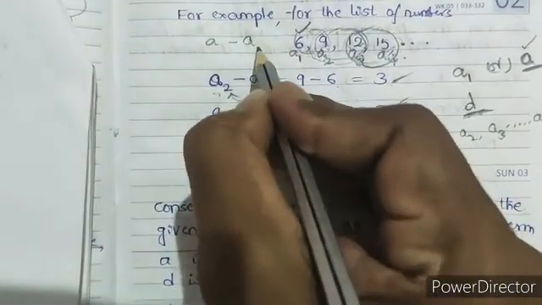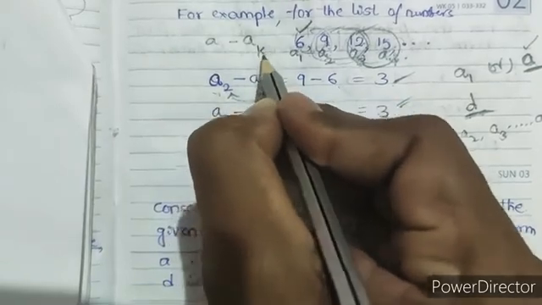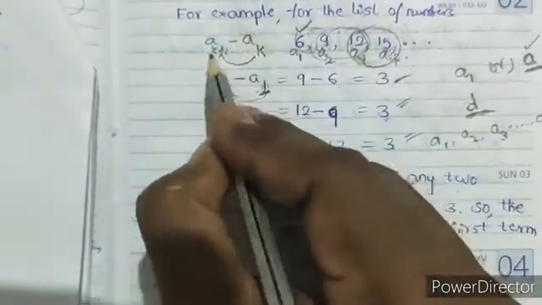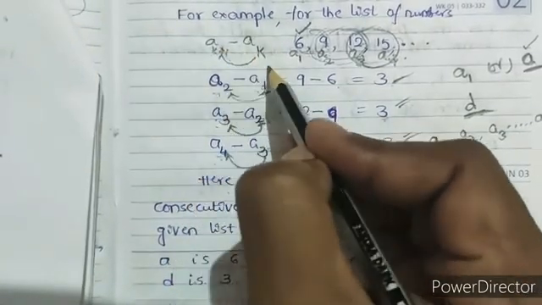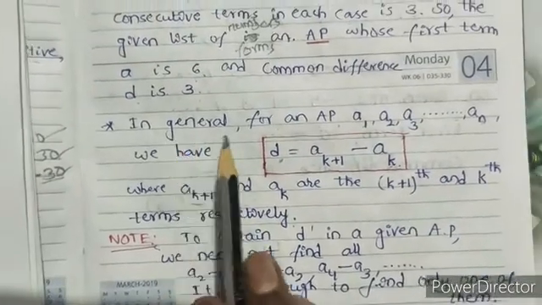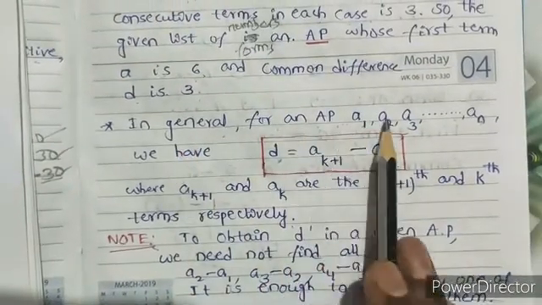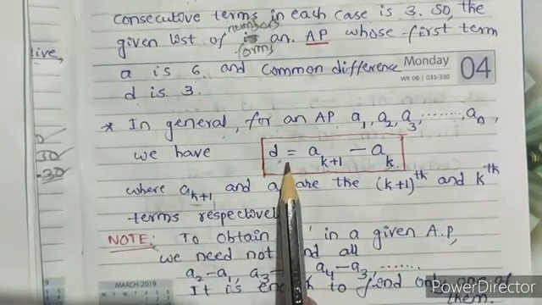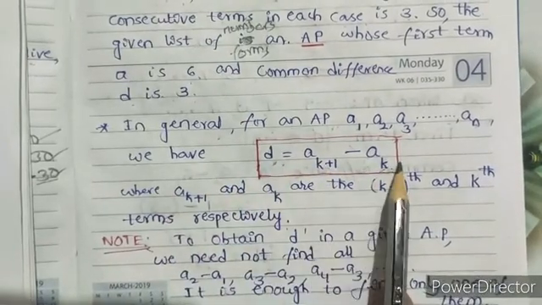In general, if you assume this one as AK, after K what will come? K plus 1. This is the formula for common difference, AK plus 1 minus AK. So in general, for an arithmetic progression A1, A2, A3 and so on up to AN, we have common difference D is equal to AK plus 1 minus AK.